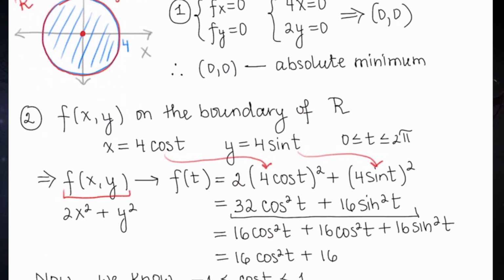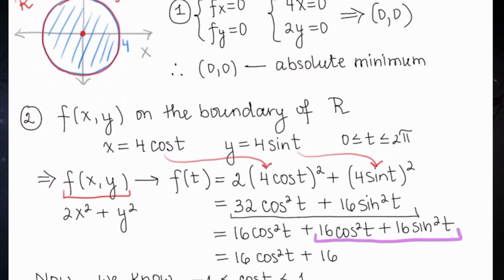I'm going to split up 32 cosine squared t into a sum of 16 cosine squared t and 16 cosine squared t, because I'd like to isolate it like this: 16 cosine squared t plus 16 sine squared t.